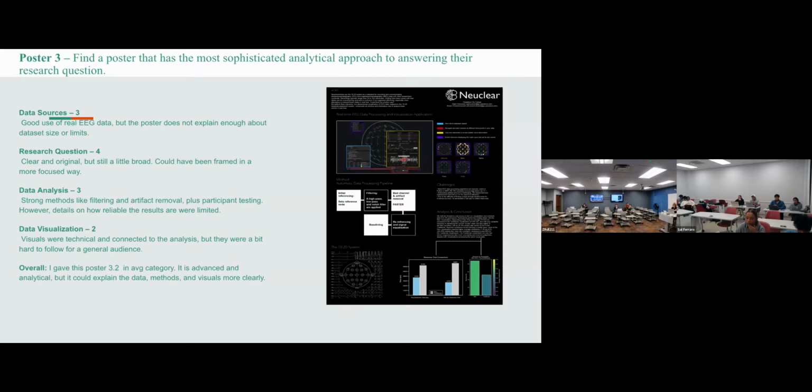Yeah, so this was a poster in the community college DataJam last year in 2025. And your score is a little lower than you would expect for a group doing such a sophisticated analysis.